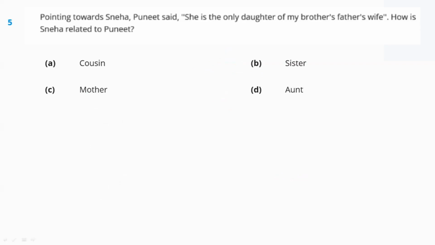Next, pointing towards Sneha, Puneet said that she's the only daughter of my brother's father's wife. So Puneet is saying that she is the only daughter of Puneet's brother's father's wife.